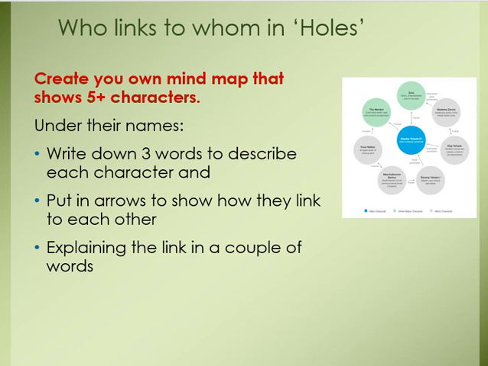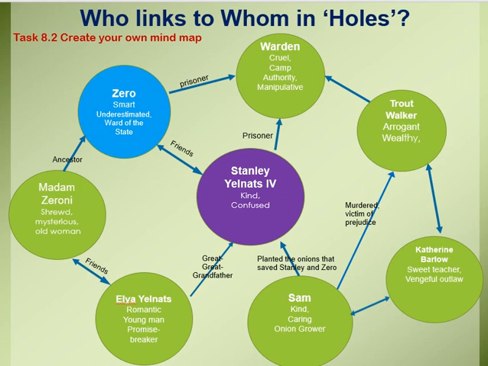So there's a little example here. I've done one myself. So Stanley Yelnats is, of course, the main person, the protagonist, he's in the centre. And then I've got listed a few other people around Stanley and how they link to him.